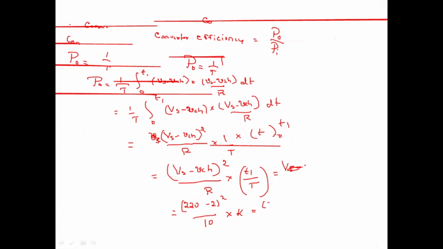So this is 220 minus 2 whole squared by 10 into K. So this output power is 2376.2 watt.